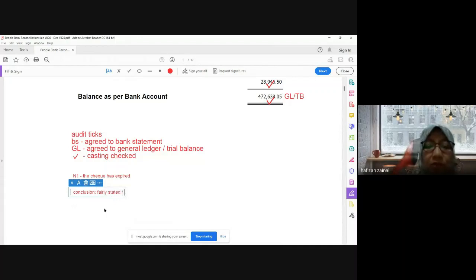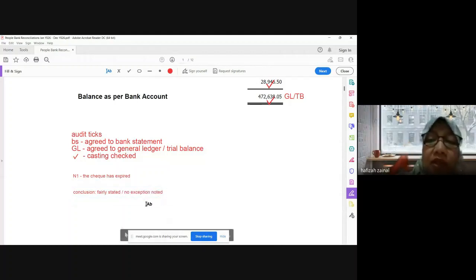Sometimes the common term is "no exception noted". These are all the common terms. By looking at the conclusion, we know that for this account, for this balance, it is clear, no issues. That's how we actually do it.